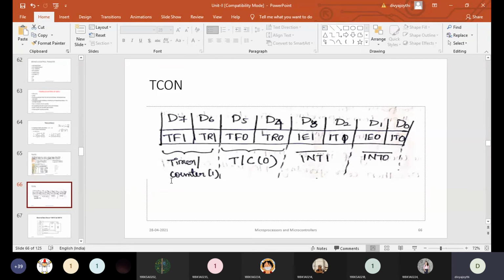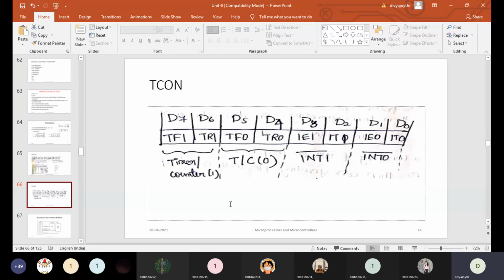When you try to increment beyond the limits, the overflow will occur. So whenever you increment beyond FFFF, these two bits are going to be set. FFFF is the maximum value for a 16-bit timer, and FF is the maximum value for an 8-bit timer or counter.